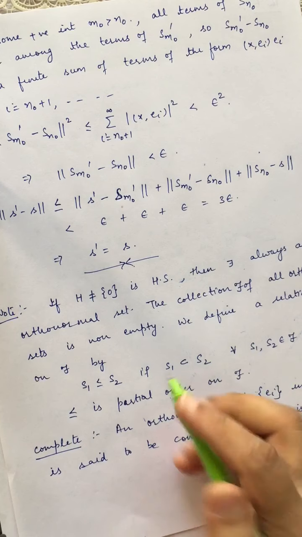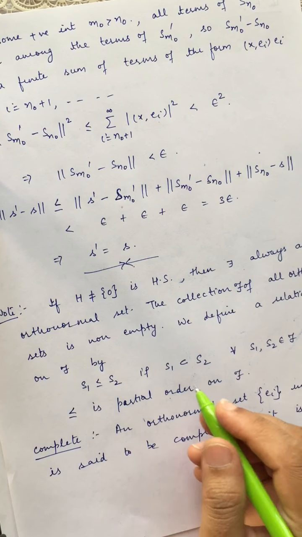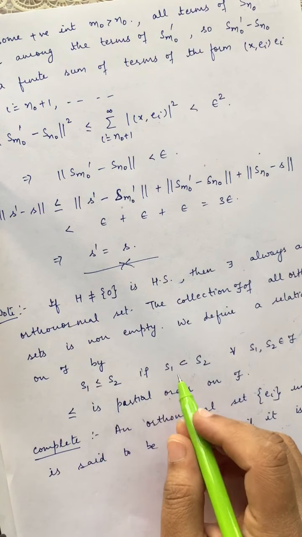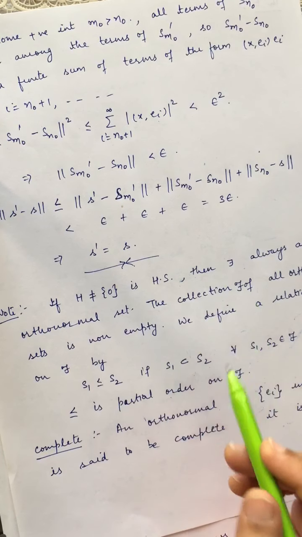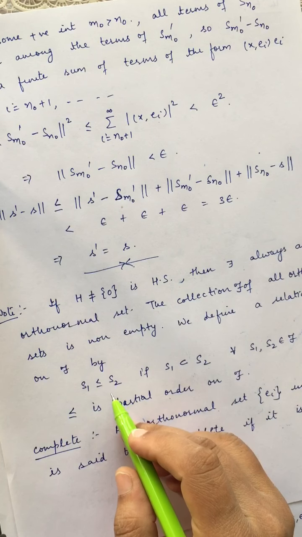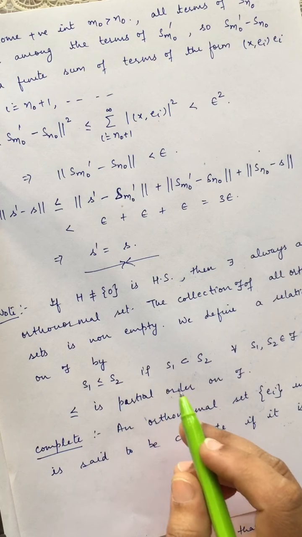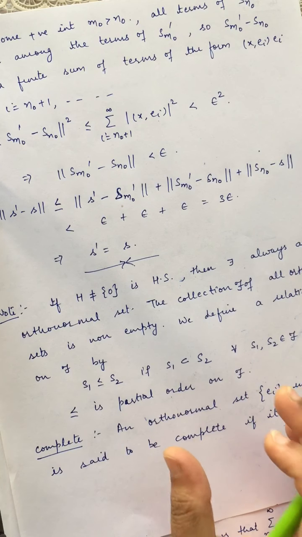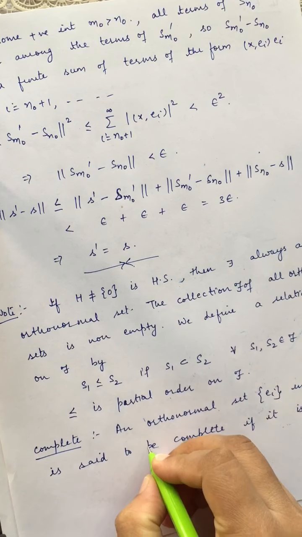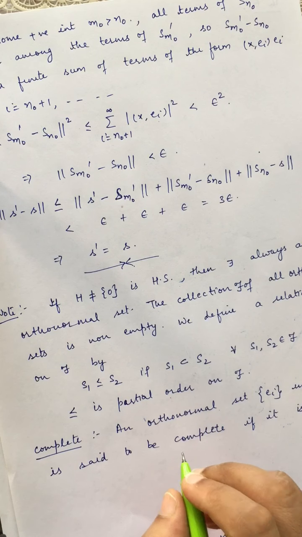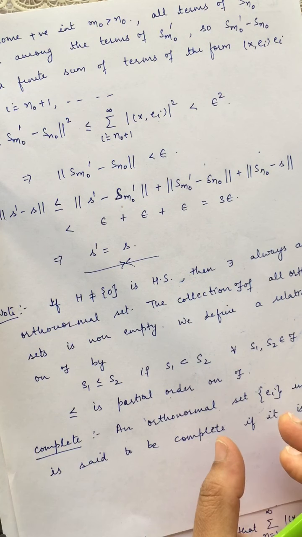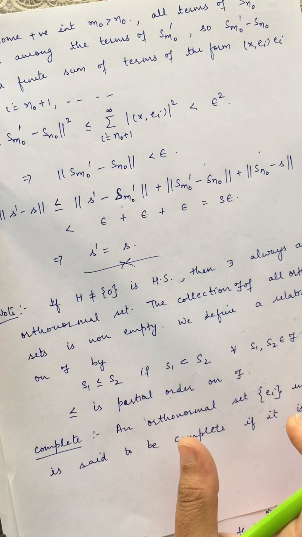So let us take any chain in this collection F. The union of all the members of that chain is just an upper bound of that chain.